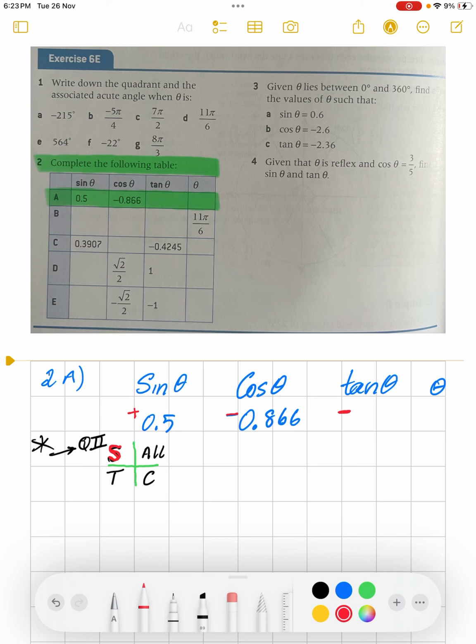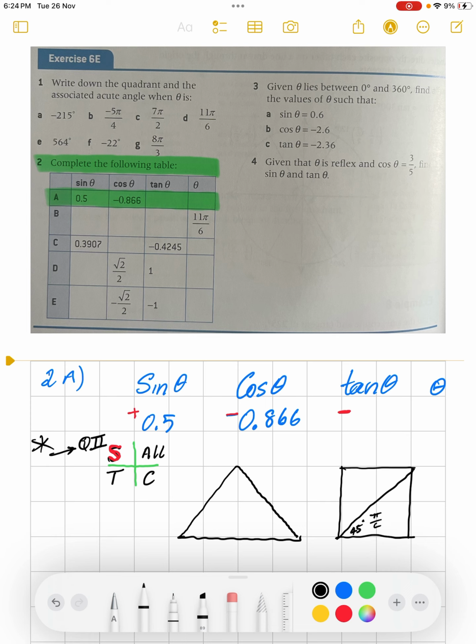Now, let's have a look at the 0.5. Because we've got two types of triangles that can help us, I would use first of all the 60-60-60 triangle, and the square, whose diagonal makes 45 degrees, or pi over 4 if we're using radians.